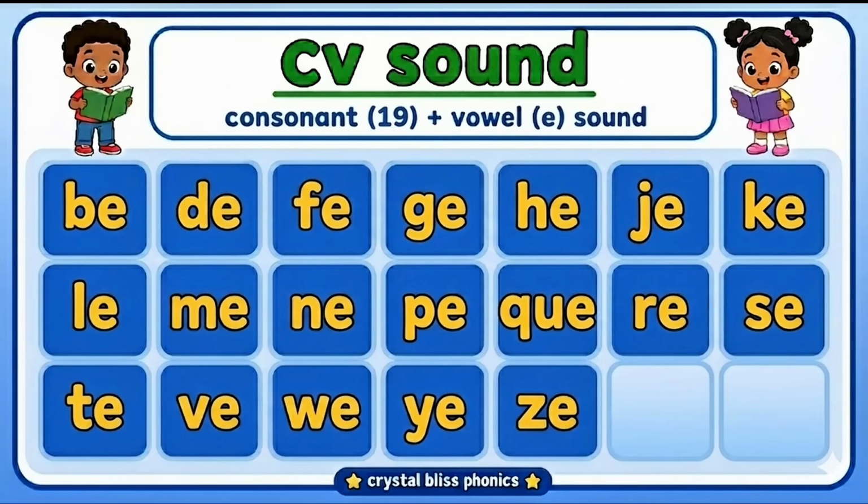So we have b, be, d, de, f, fe, g, ge, h, he, j, je, k, ke, l, le, me, ne, p, pe, qu, que, re, s, se, t, te, v, ve, w, we, y, ye, z, ze.